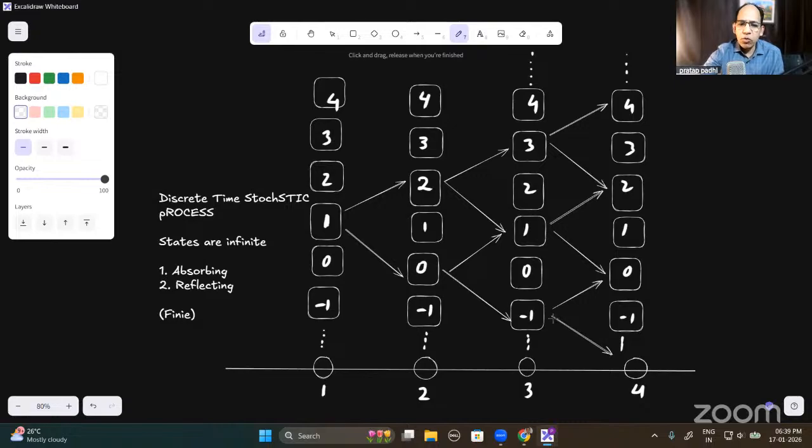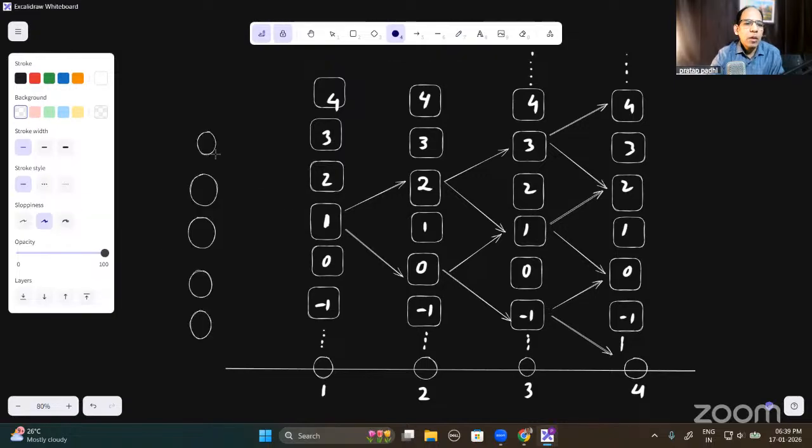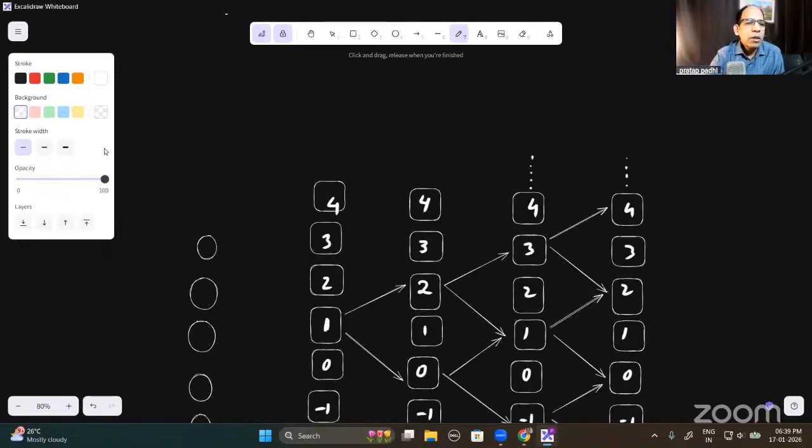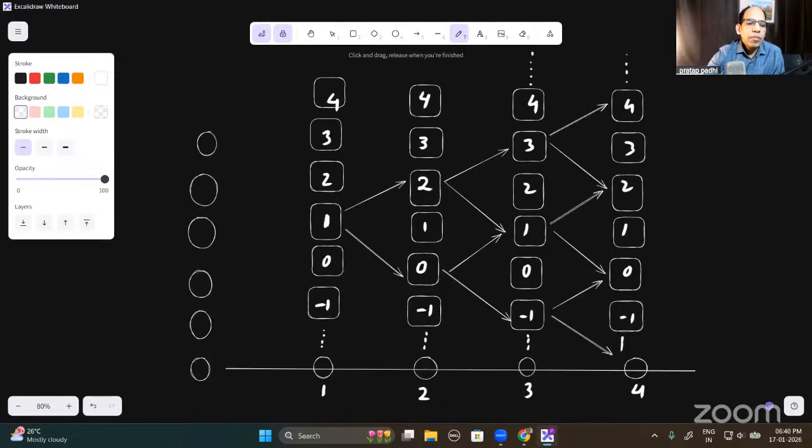From 0, it can go to -1. How can you represent this? Let me write here. You can make it horizontal. Even if you write it this way, no problem. Now suppose this is my 1. From 1, I have only 2 choices, right? If I win with probability P, this is probability P.